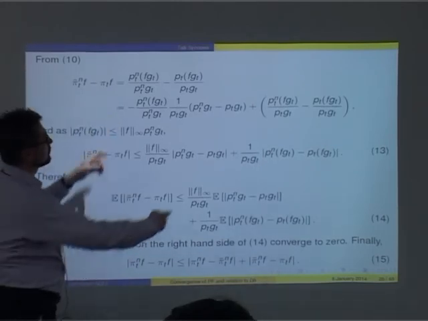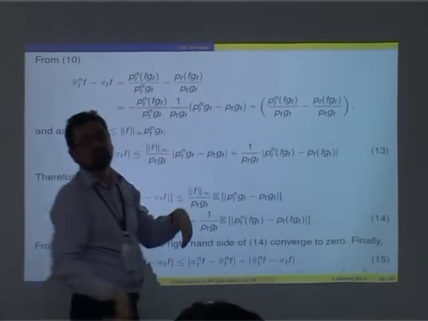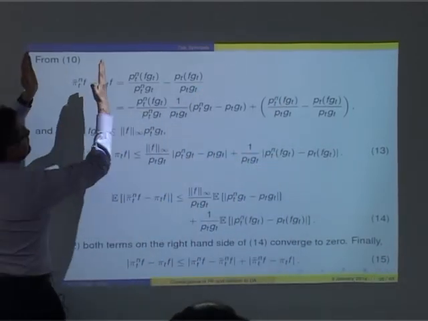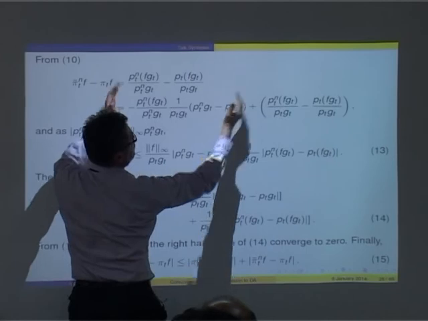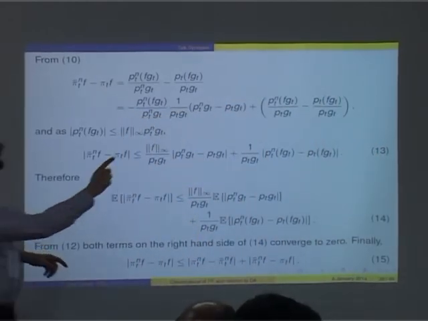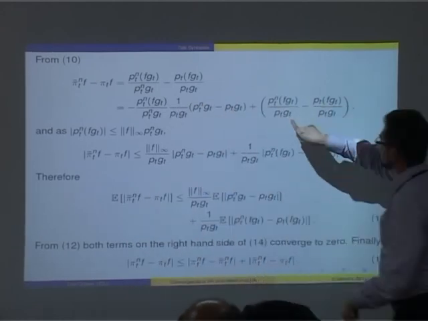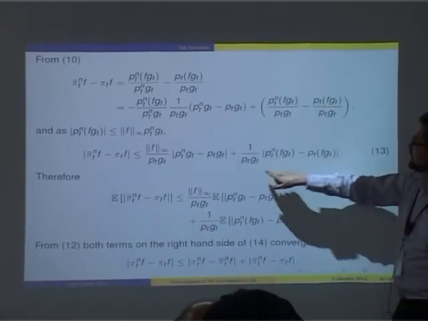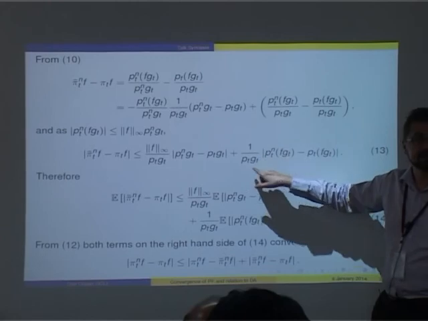Well, this is helpful because now I'm going to put the brackets. I'm going to say the absolute value of this is less than the absolute value of this plus the absolute value of this. Okay. So let's deal with this guy. Now, this guy here, the denominator is the same, and I put it outside.